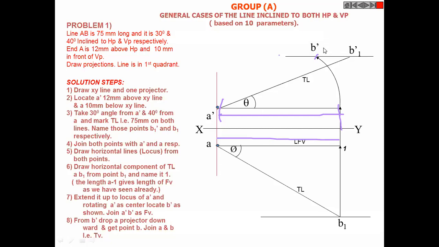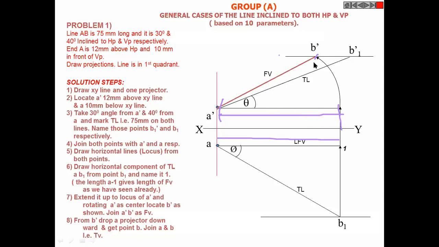Here we got it, and we got the front view also. This is our front view. That's it. So after initially drawing whatever you are having, how many steps did you do? 1 and 2. You got the front view in only 2 steps. Also you got the apparent angle alpha.